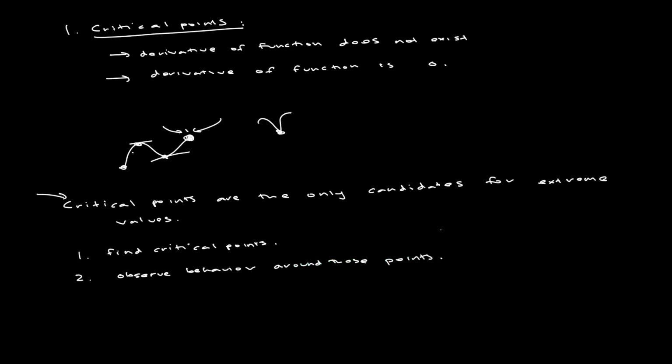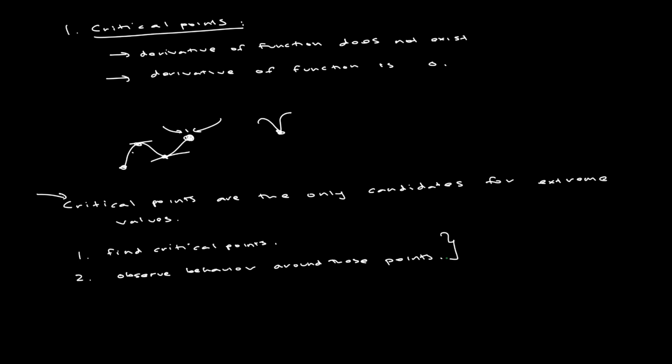And once we take these two steps, that's the only thing we need to find the extreme value of any function. And to just reiterate, our critical points are the endpoints if we have a closed interval, and any point where the derivative does not exist and where the derivative of the function is zero.